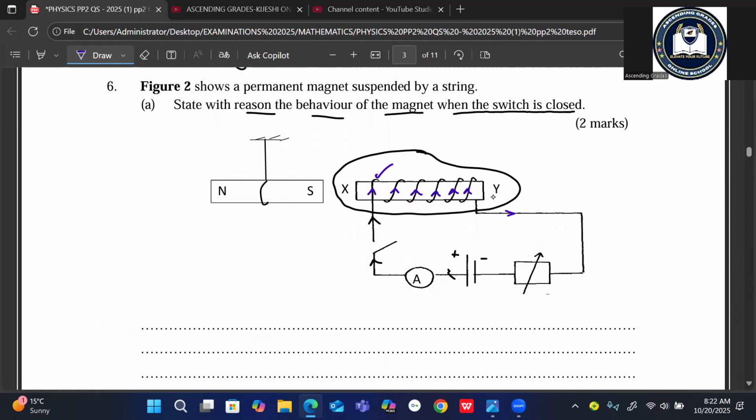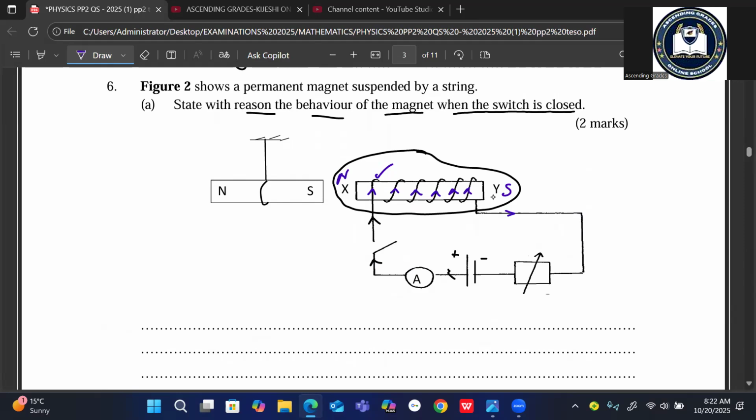Then automatically the thumb will point to the North Pole. So in this case, if you place following the instruction that I've given, then our X becomes our North Pole. Automatically, this one becomes our South Pole.